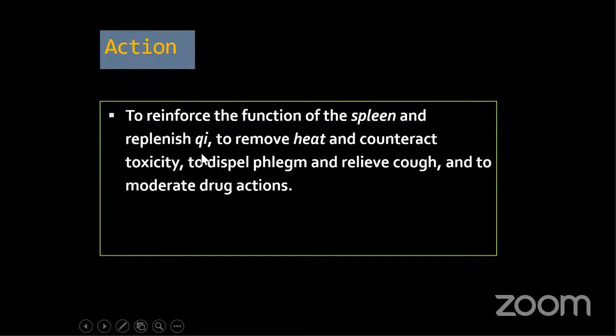So from the point of view of traditional Chinese medicine, licorice is to reinforce the function of the spleen and replenish qi, to remove heat and counteract toxicity, to dispel phlegm and relieve cough, and to moderate drug actions.